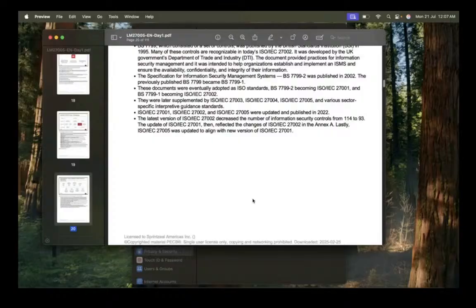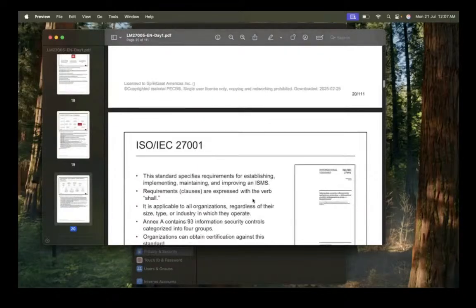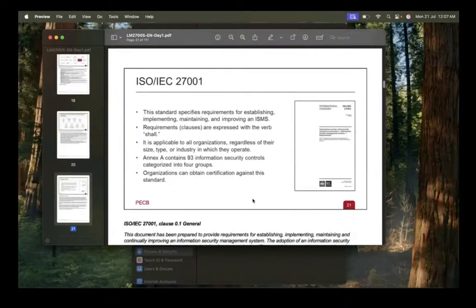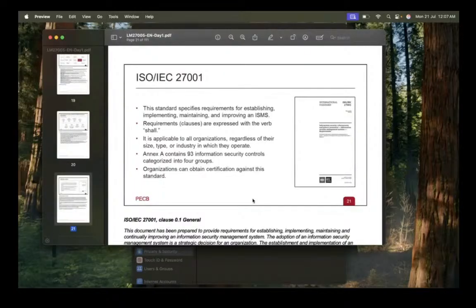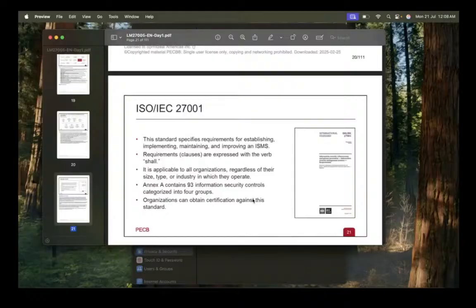Okay, then there are some brief notes that we have already discussed. Now, for starters, we are going to discuss the 27001 standard. So what actually is this? As we have discussed, this standard specifies the requirements for establishing and maintaining the ISMS, which are the information security management systems.